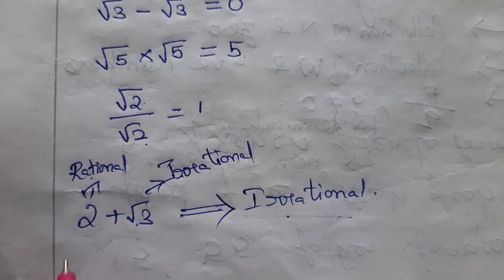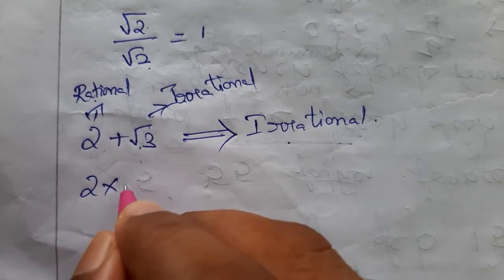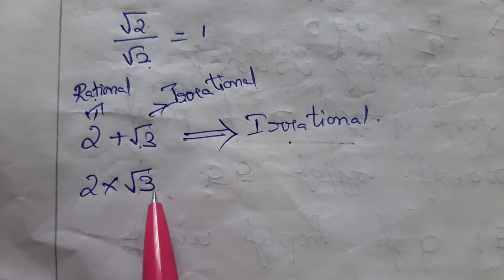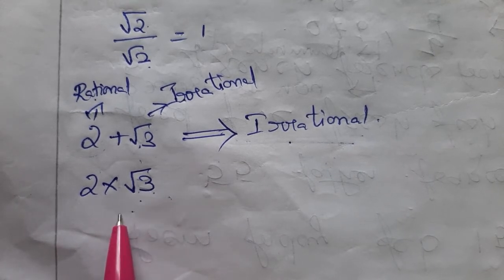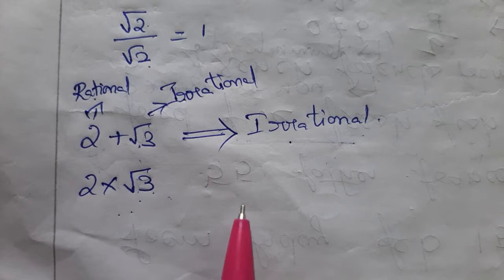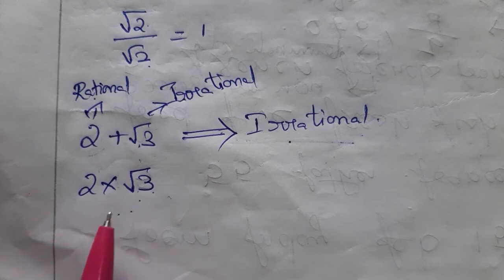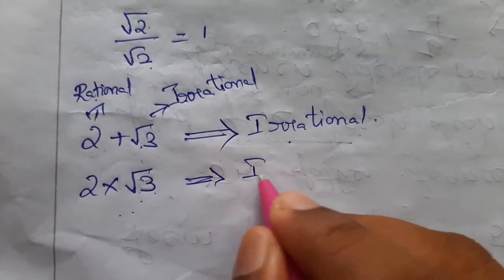The same case holds for multiplication. When we multiply 2 into square root of 3, yes, 2 times. The square root of 3 value is non-terminating, non-recurring. If you multiply by 2, it just increases the value, and the decimal value will still not terminate or recur, right? So the result is also irrational.